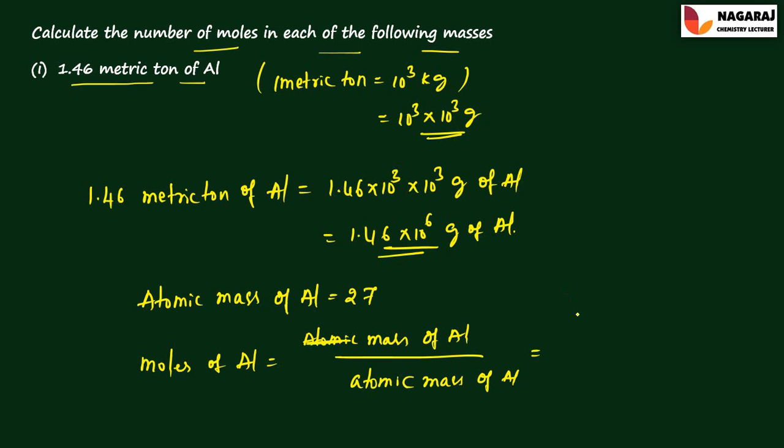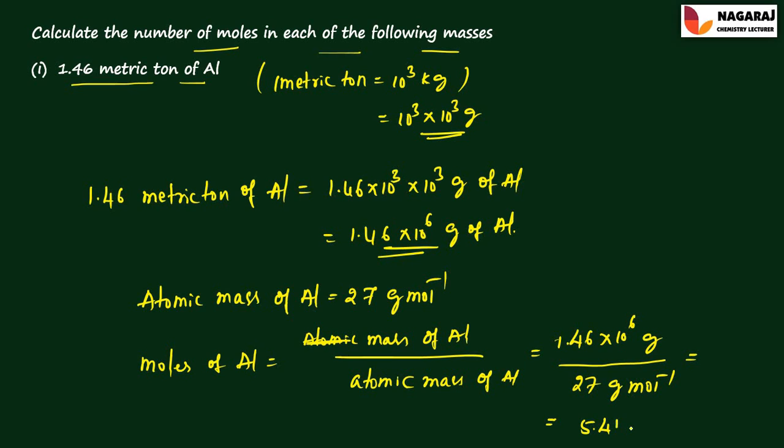So mass of aluminum is 1.46 into 10 to the power 6 grams divided by atomic mass, that is 27 grams per mole. So on simplification, it gives 5.41 into 10 to the power 4 moles, right? So 1.46 metric ton of aluminum contains 5.41 into 10 to the power 4 moles of aluminum.